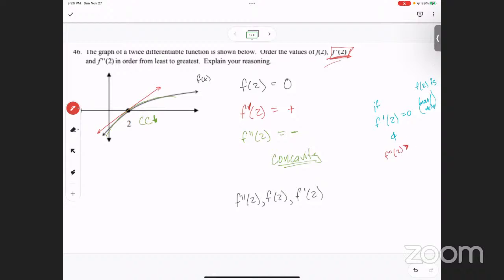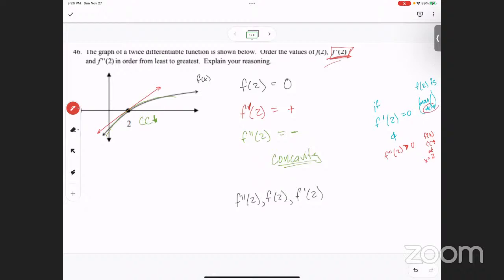Great. That means that f of x is concave up at x equals 2, which means, like you said, it's a min because it's concave up.